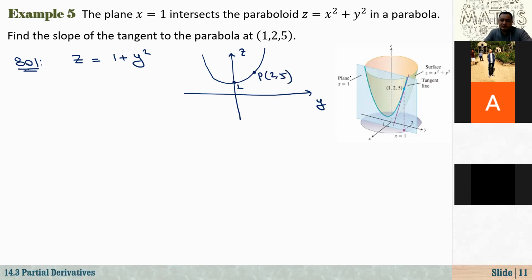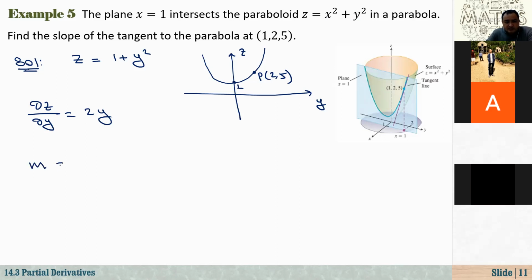Okay, it's the same thing. So at this time, the partial derivative of z with respect to y, where z equals x squared plus y squared, the derivative of x squared is 0, so that's equal to 2y. It says find the slope of the tangent to the parabola, right? So let me label the slope of the tangent by m.